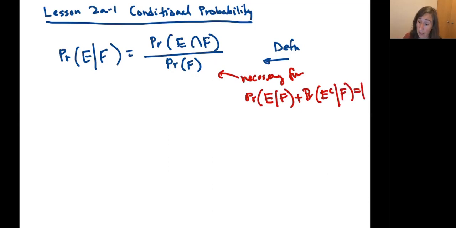In the world where F has happened, in the world where we're conditioning on F, probability has got to obey the Kolmogorov axioms no matter what F is. Okay, there are no rules about what happens in the world of F versus the world of not F. Those are separate worlds. No requirements between them.